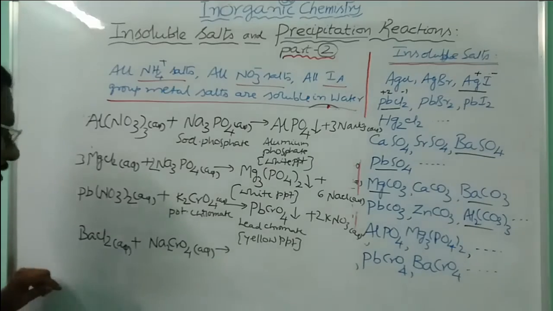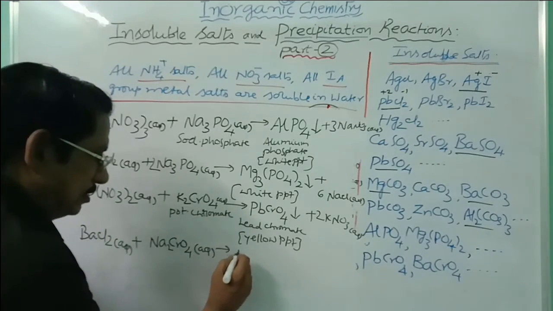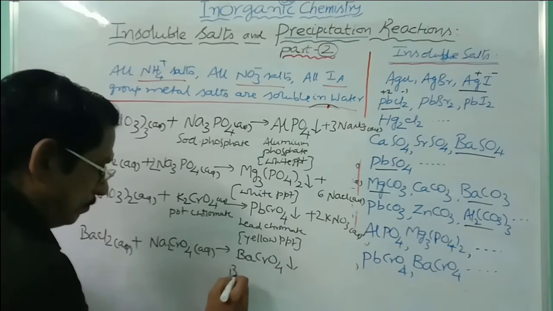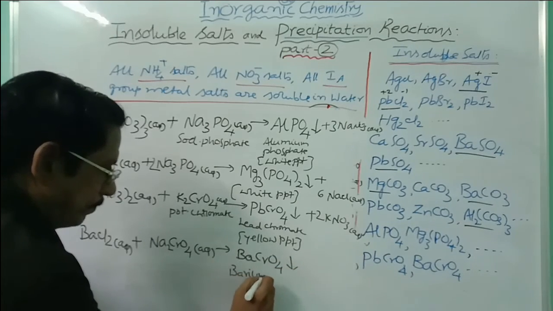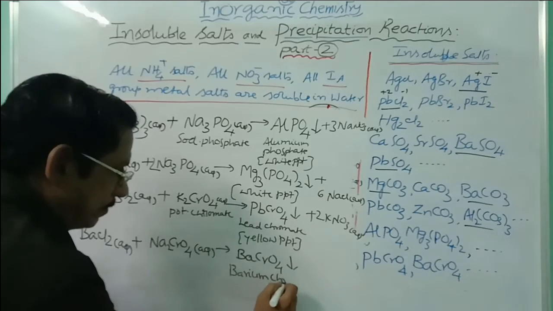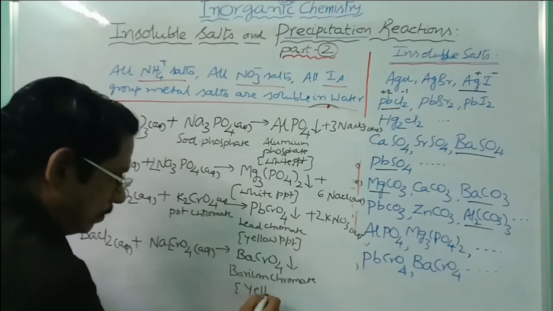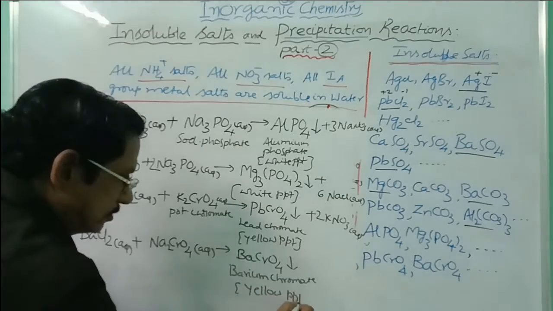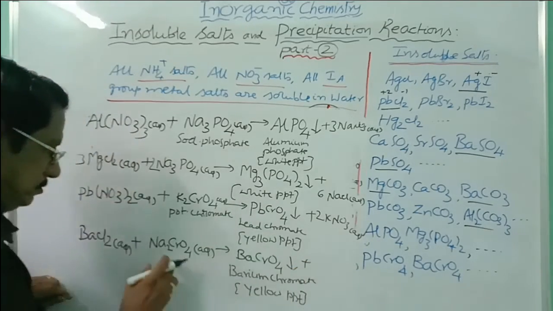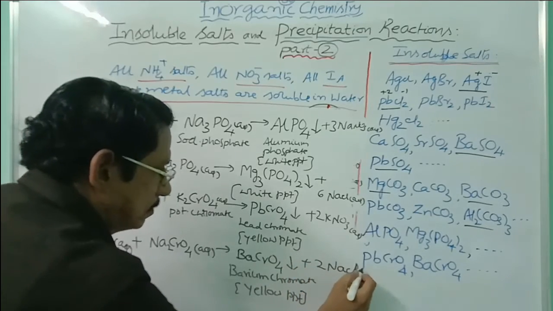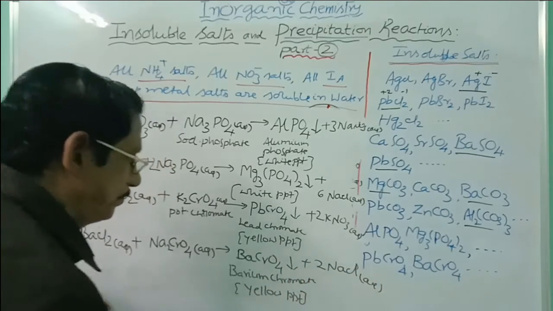You will get immediately a yellow precipitate, that is BaCrO4, barium chromate. It is yellow precipitate. Plus other one, sodium chloride, 2NaCl, that remains in solution.